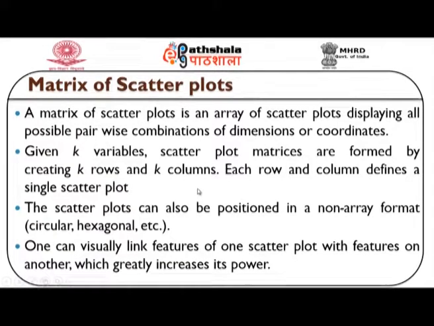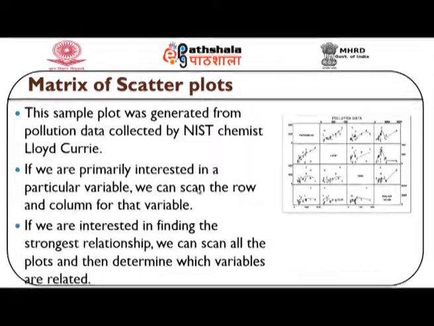The scatter plots can also be positioned in a non-array format, maybe circular or hexagonal. One can visually link the features of one scatter plot with the features of another, which greatly increases its power. An example of a matrix of scatter plots is shown here.